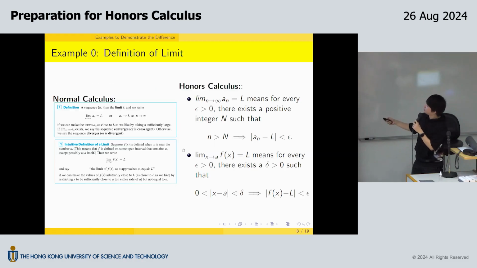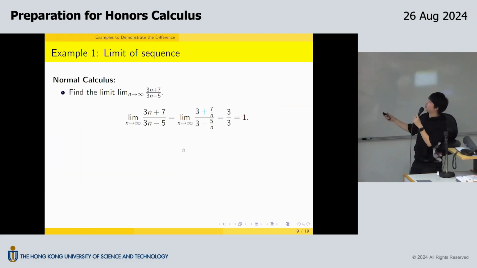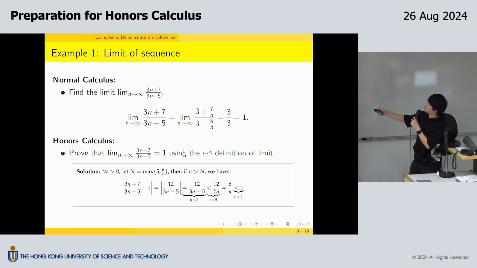It means that for every epsilon greater than 0, you want to find a capital N such that when n is greater than capital N, the difference between the general term and 1 is less than epsilon. That's what you want to do in the honor calculus course.